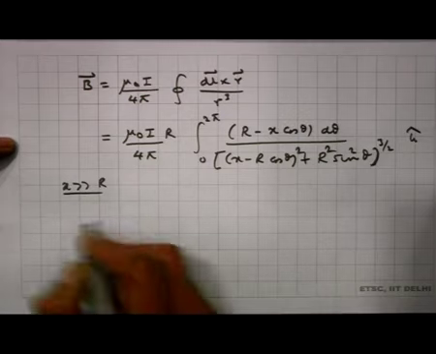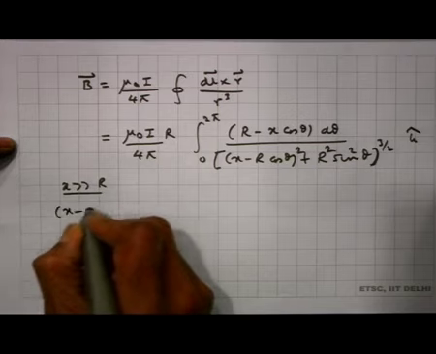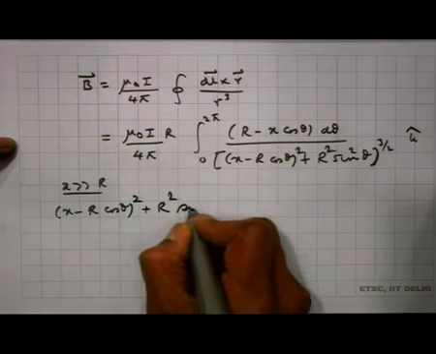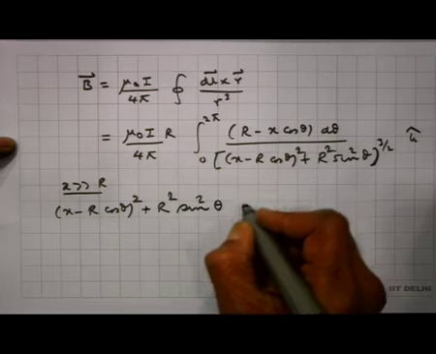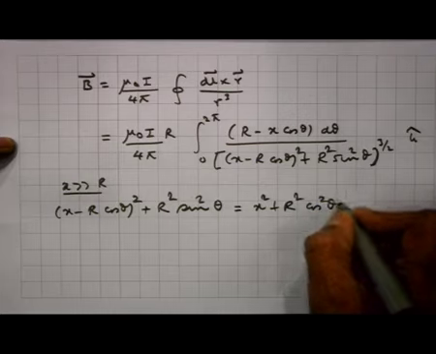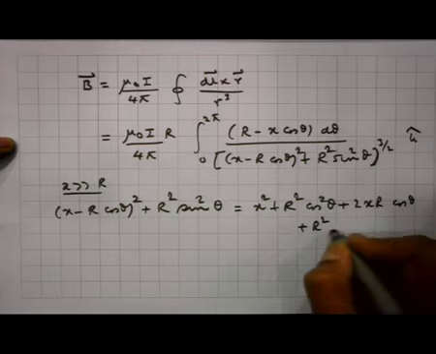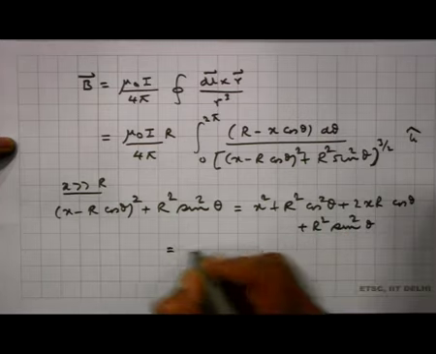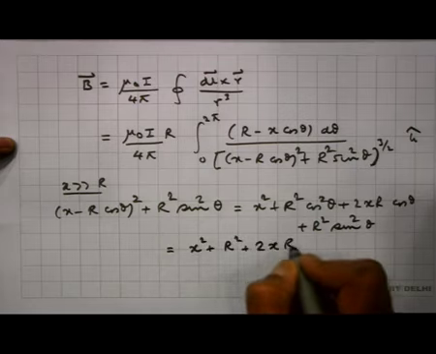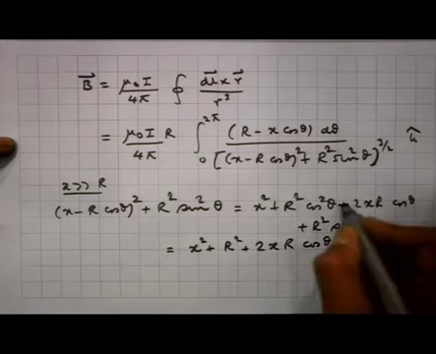So, I want to expand the denominator here. Let me write this. (x minus r cos theta) whole square plus r square sin square theta, which is equal to x square plus r square cos square theta plus 2 x r cos theta plus r square sin square theta, which is equal to x square plus r square plus 2 x r cos theta minus 2 x r.